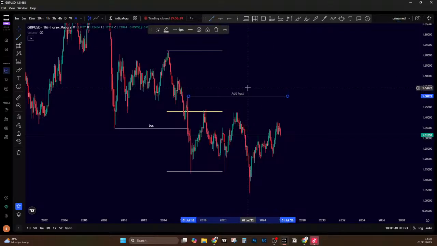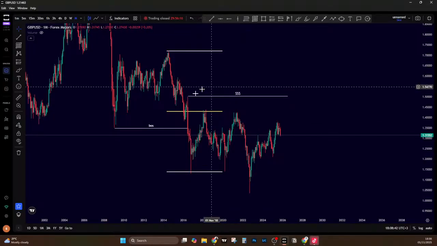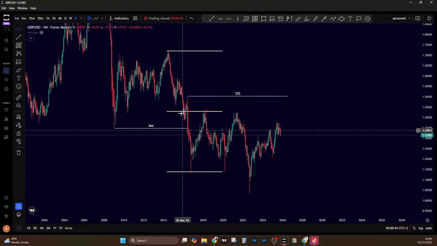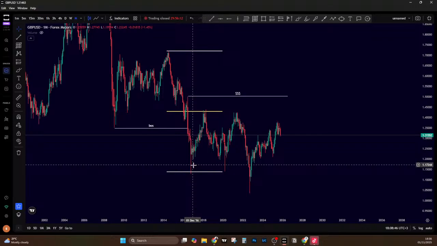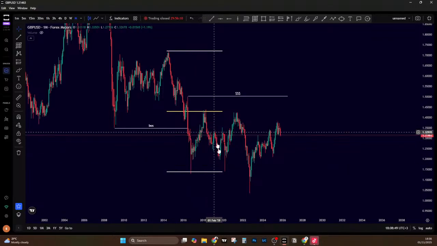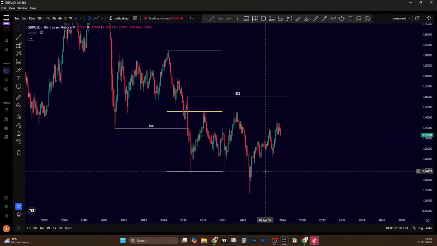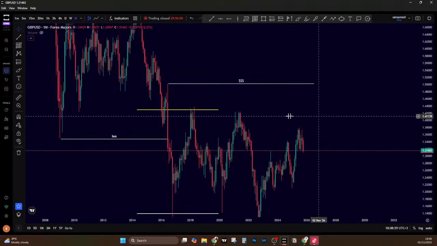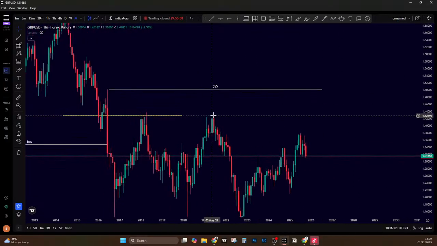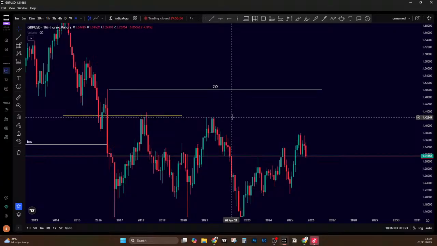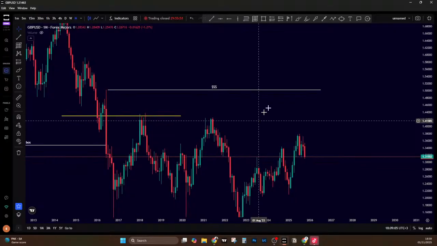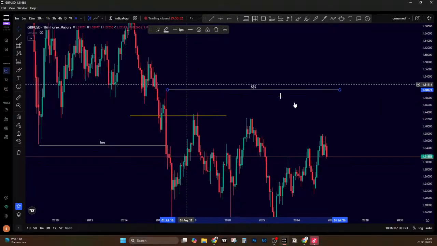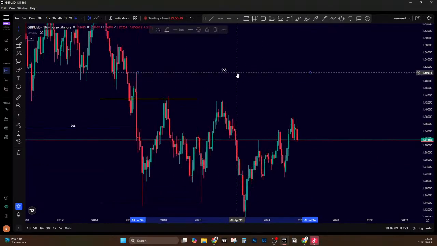We said if a market breaks structure, retraces, then breaks structure again, which it has around this area. So this is liquidity, and you will see that this looks like relative equal highs.